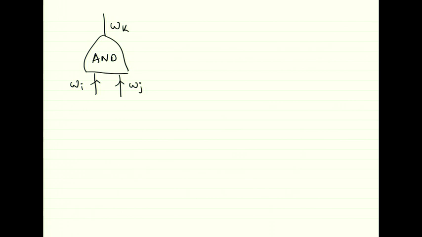The constraint between the values on these wires is that WK must be equal to WI and WJ. Right? If you had to write constraints, you would love to write constraints like this. If I write a constraint like WK is WI and WJ, that really expresses the fact that there's an AND gate between these wires.